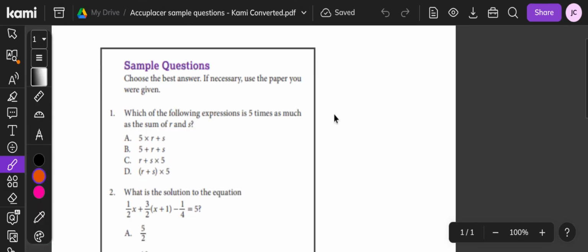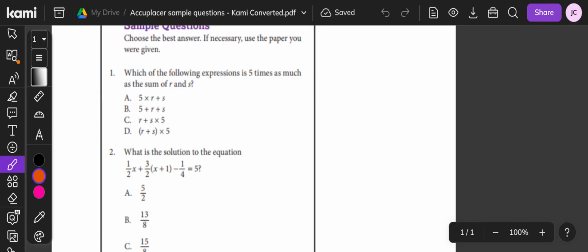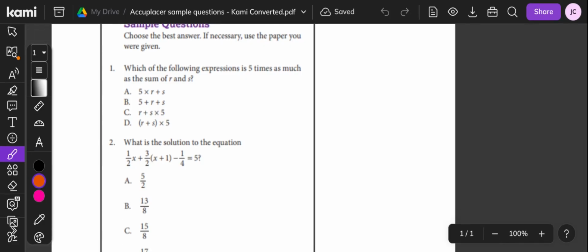So, taking a look at these sample questions, we're going to be switching over, also looking at using a Desmos calculator on this. Which of the following expressions is 5 times as much as the sum of R and S? Remembering that sum means we're adding, we need to do that first.